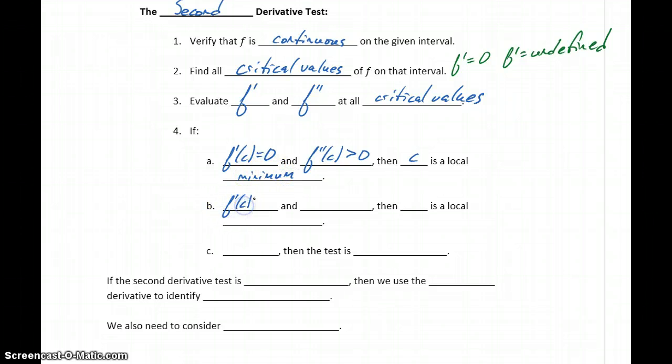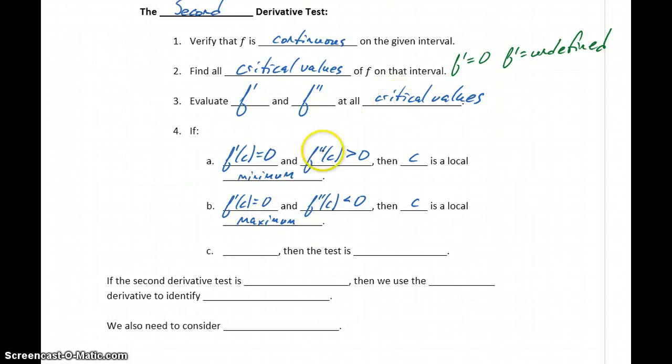If f prime of c is equal to 0, and the second derivative evaluated at c is less than 0, then we have a function that's concave down, meaning c is a local maximum.